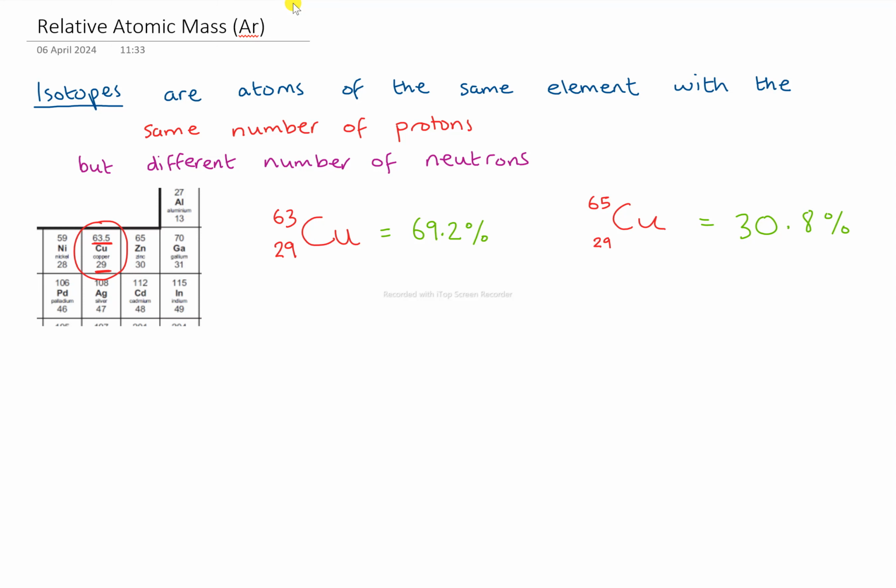Now we need to work out the relative atomic mass, AR, and it's simple. It's much more simple than it looks.